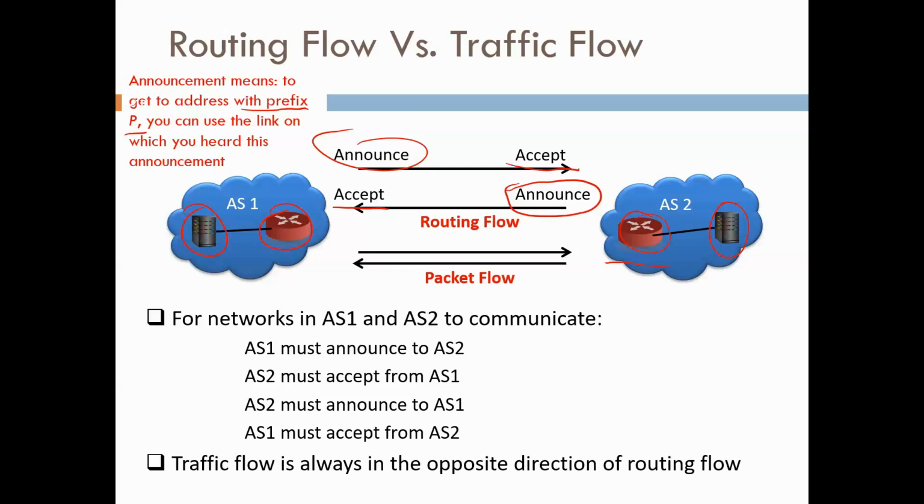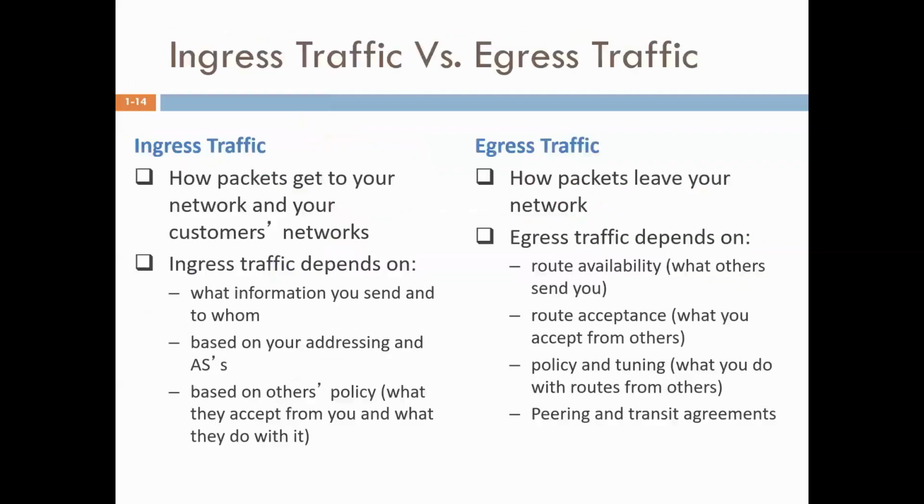Same thing for the announcement from autonomous system 2. The announcement of autonomous system 2 to autonomous system 1 specifies how the traffic will flow from autonomous system 1 to autonomous system 2. The packet flow, the actual data flow, is in the opposite direction of the flow of the announcements themselves.